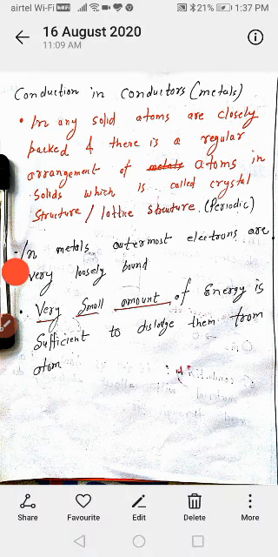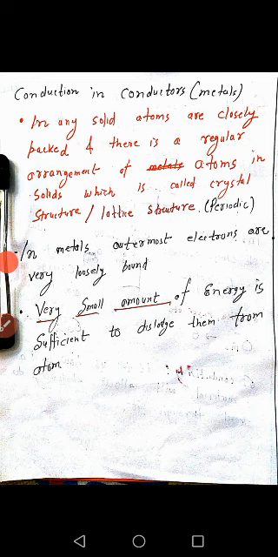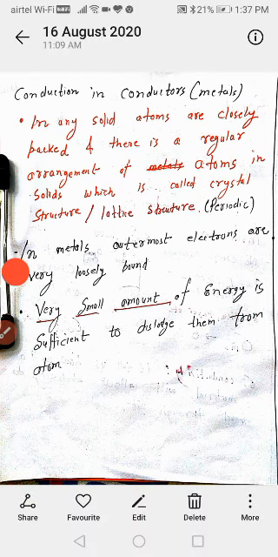Okay, let's begin. In any solid, atoms are closely packed, and the regular arrangement of atoms is called crystal structure. Whenever the arrangement is periodic, it is called lattice structure.